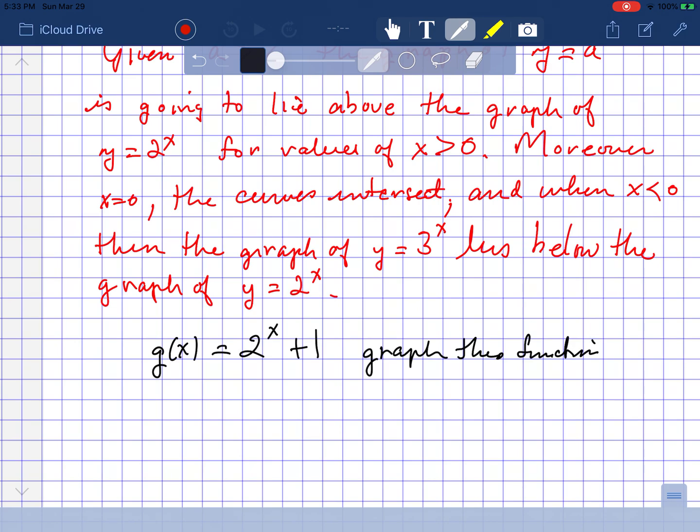Well, when I'm graphing a function, one thing that I really have to pay attention to is what is the domain of the function. So I want to know what the domain of g of x is. Well, the domain of the function 2 to the x power is the set of all real numbers. So I have 2 to the x power plus 1. This is a constant. They both have domains which span the entire real number line. And so the domain of g of x is just going to be minus infinity to infinity, all real numbers.